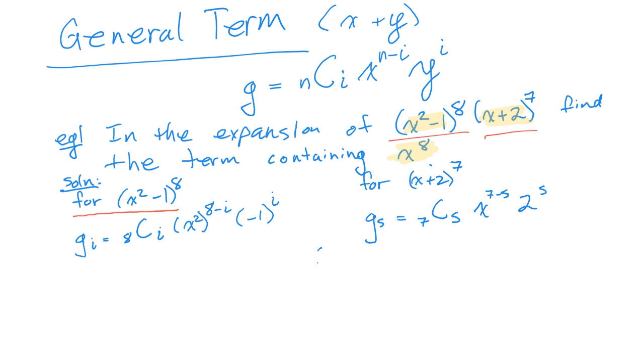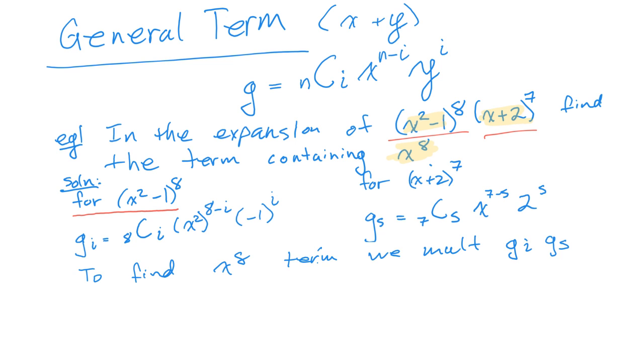And you'll have to use some form of either multiplication, or you would use the basic expansion for that probability. And we could do that with this. Now, in order to find the x to the 8th term, we literally have to take G of s and G of i, and we have to multiply them together in order for this to work.